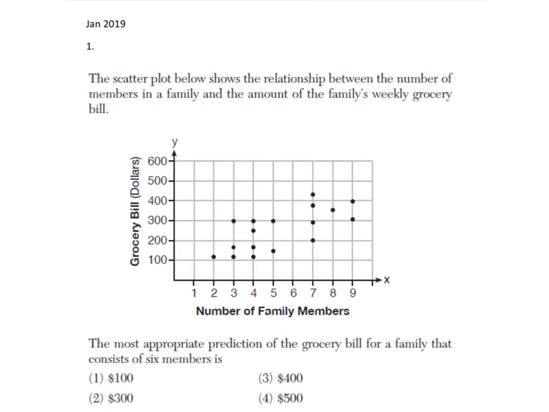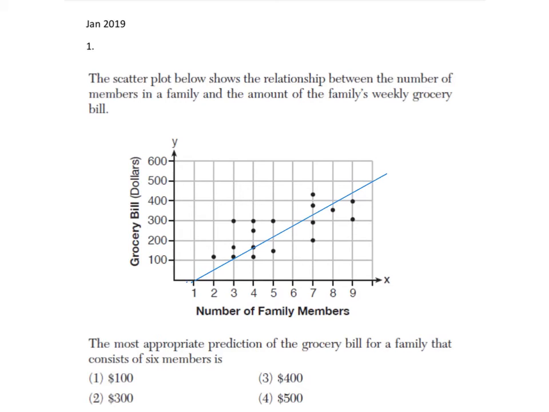So we have this question. The scatter plot below shows the relationship between the number of members in a family and the amount of the family's weekly grocery bill. So if I were to draw the line of best fit, probably it would be somewhere here. So let's say we drew this line as the line of best fit.